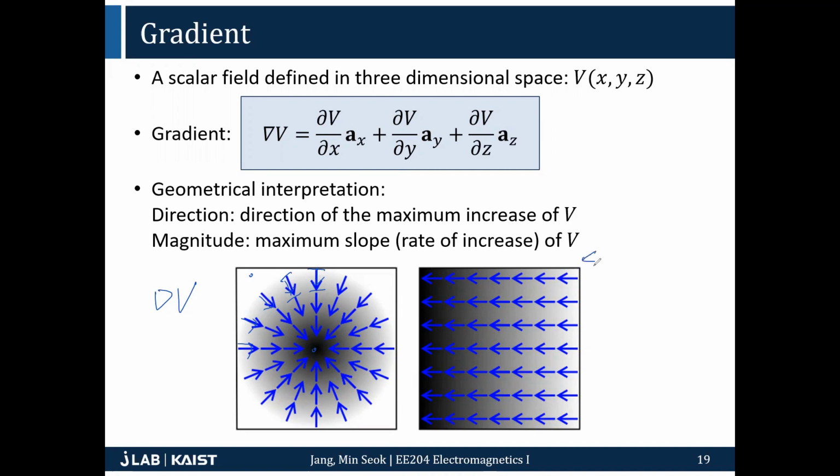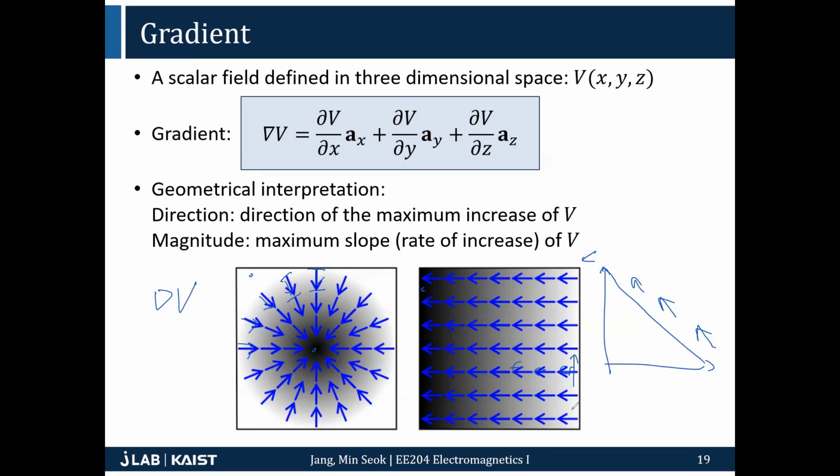And similar applies here. If the white is low and black is high, that means you're looking at something like this, right? So if you evaluate the gradient, it's just going in this direction. Which means if you go along the direction perpendicular to the gradient, you experience zero slope.